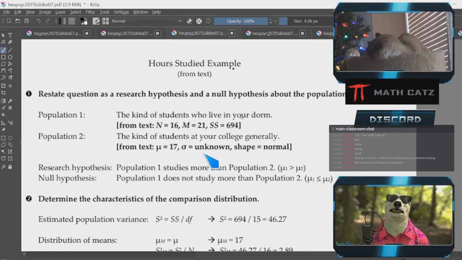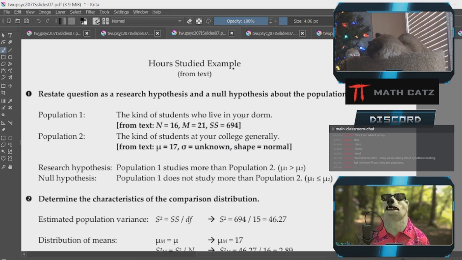We don't know the variance. The distribution is normal. We need that because we don't have a large sample. Then we take a sample of students living in our dorm. We get a sample mean of 21, and the sum of the squares as part of the calculation being done for you is 694.